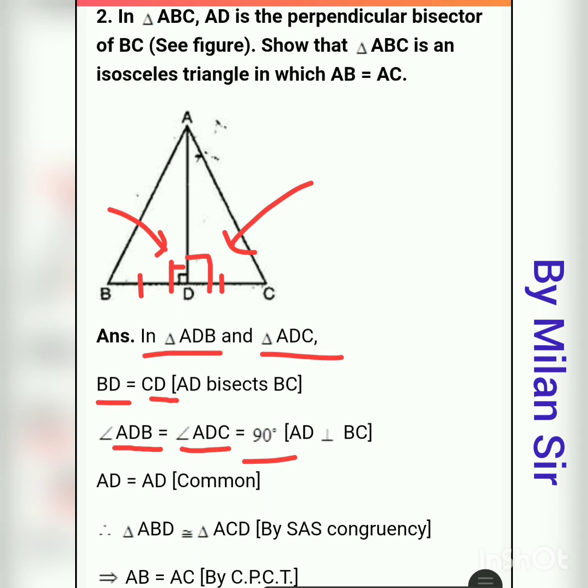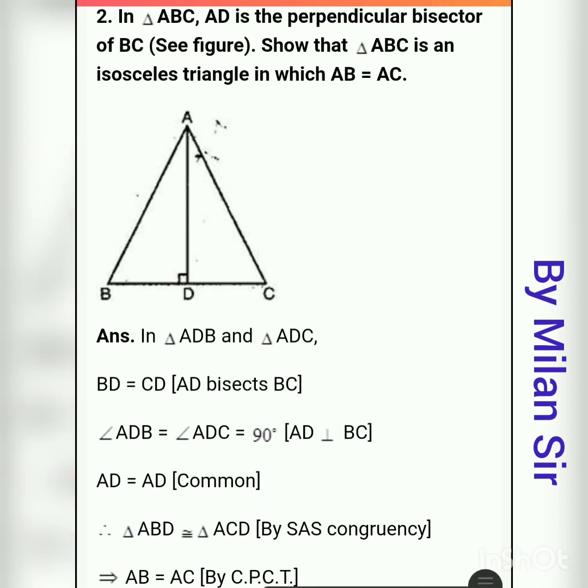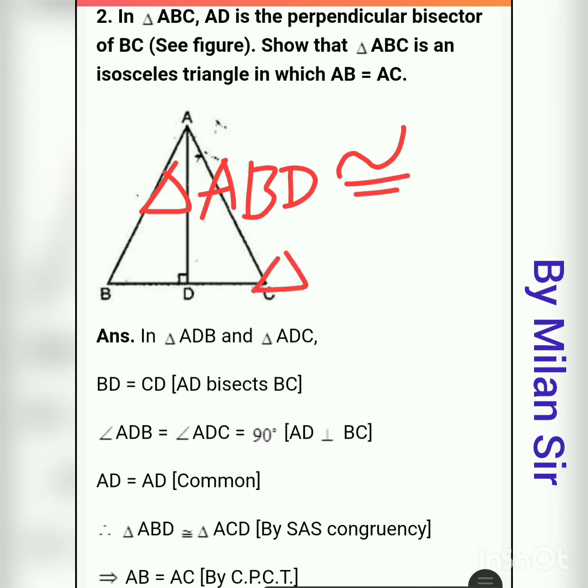Now third thing, AD is a common side. Now just maintain the sequence ABD. The first triangle we write randomly, and the second triangle we need to adjust. First of all, think about the angle. So angle D is equal to angle D, and D is at the third position.